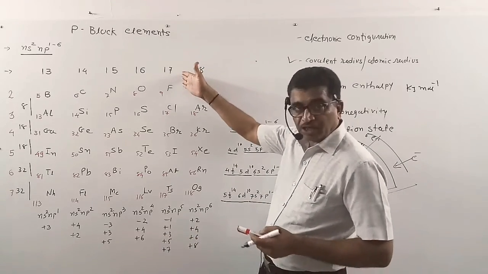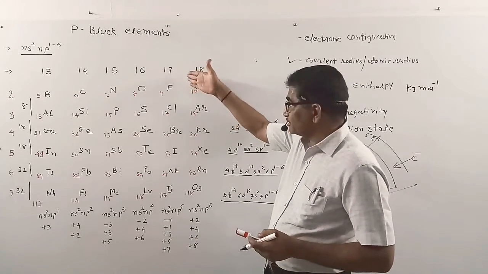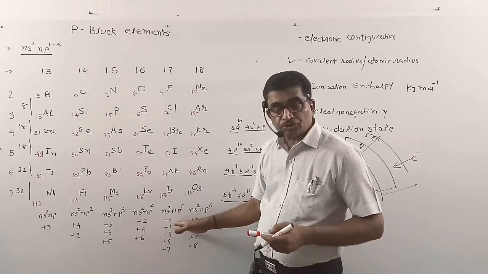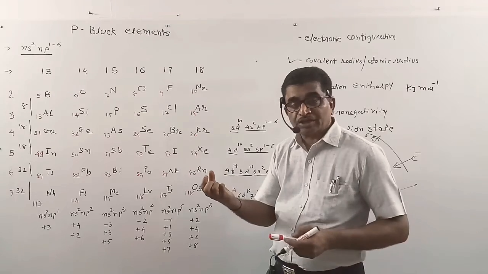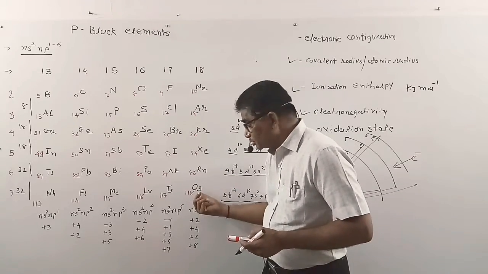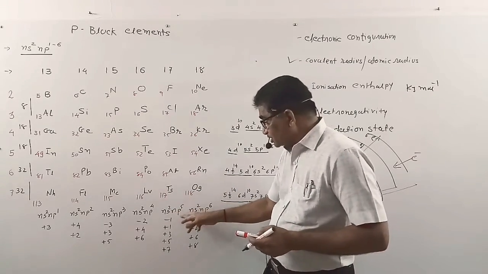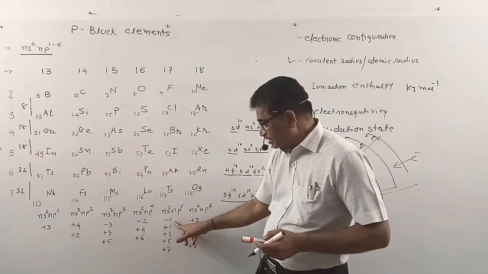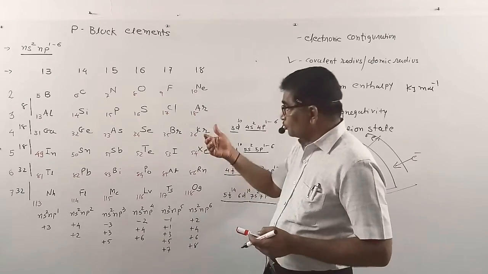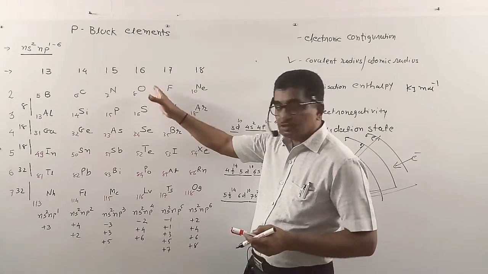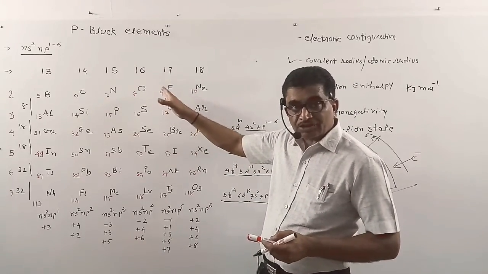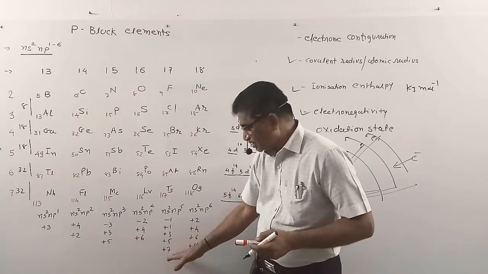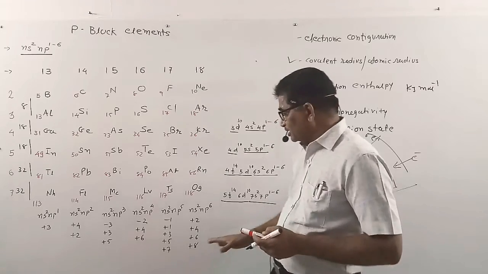Similarly, halogen group 17, chlorine, bromine and iodine, have -1 because they want to accept one electron and complete an inert electron structure, ns2 np6, so they require one electron to have -1 oxidation state, while when they react with higher electronegative elements like oxygen and fluorine, they give +1, +3, +5 and +7 oxidation states.